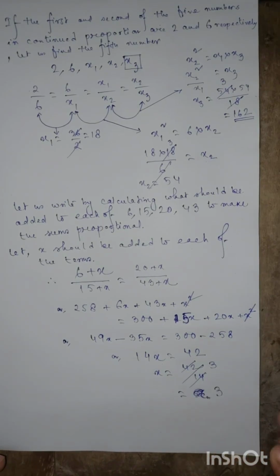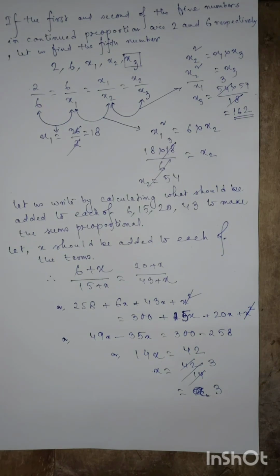So the value of x is 3. 3 should be added to each of these terms to make them proportional.